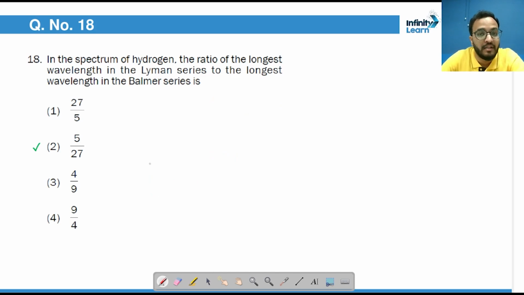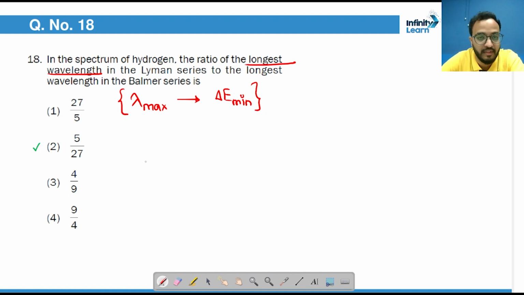18. Okay, longest wavelength means least energy transition. Always remember, whenever they're asking for longest wavelength, that means lambda max, they're asking for least energy, minimum energy transition. Do you understand this? Yes.